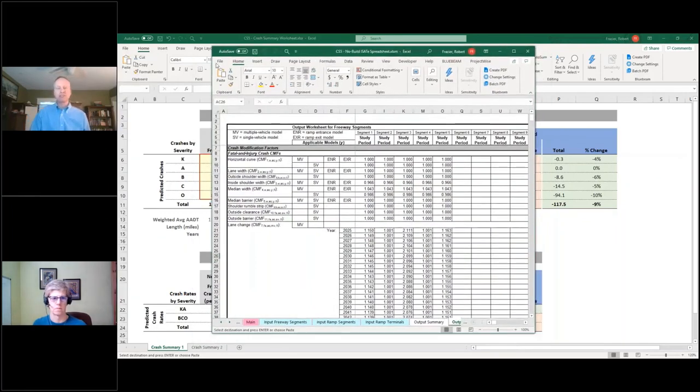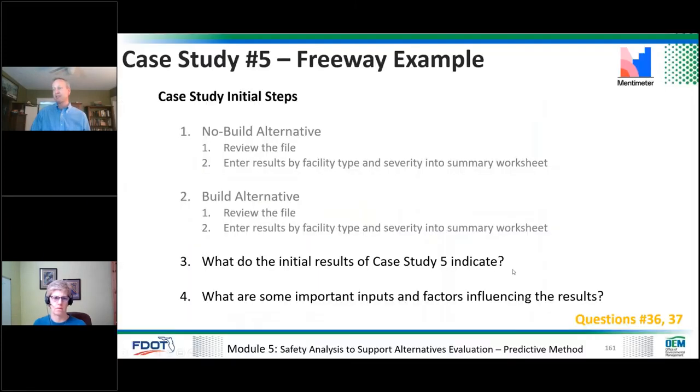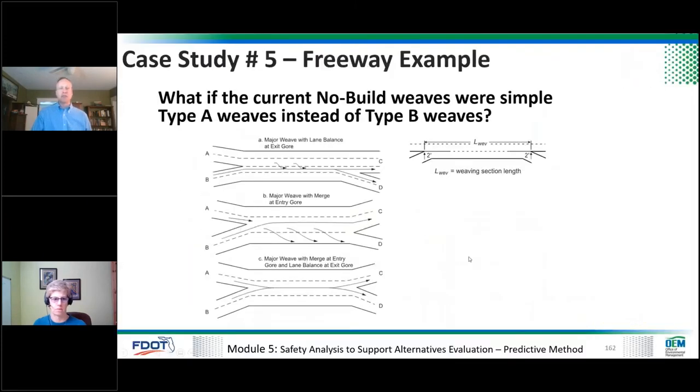I didn't fully understand the weave piece, and I shouldn't have coded the type B weave. I wasn't sure what A, B, and C types were, and so I said yes." And so just a quick refresher: type B weave is shown on the left.